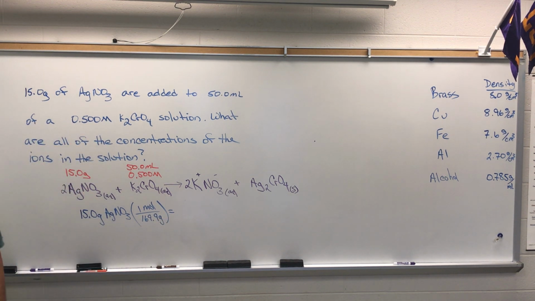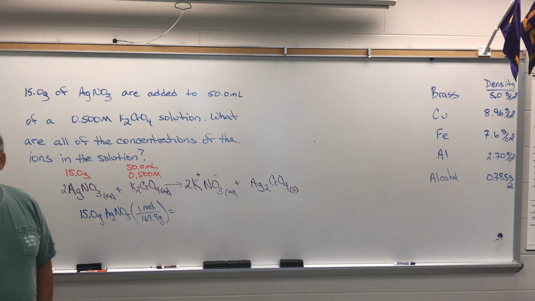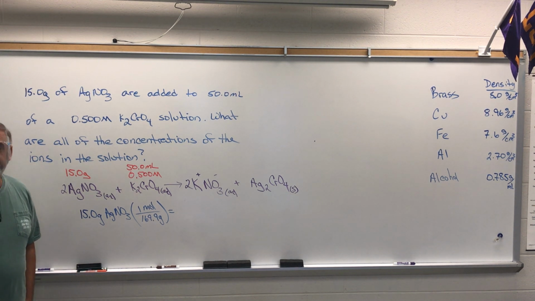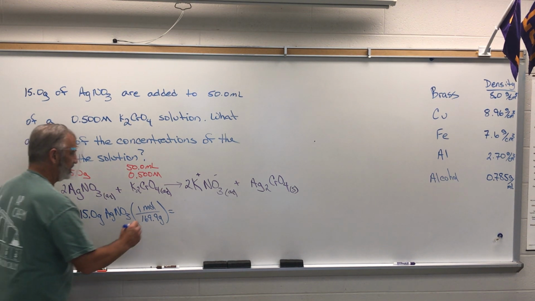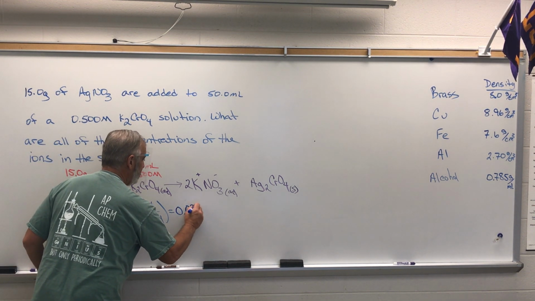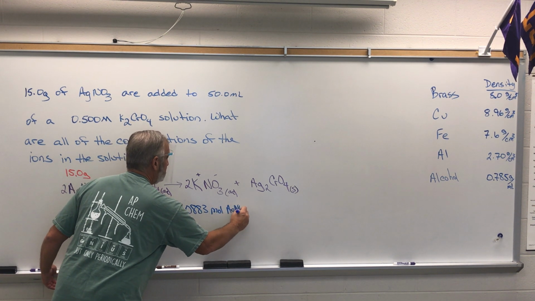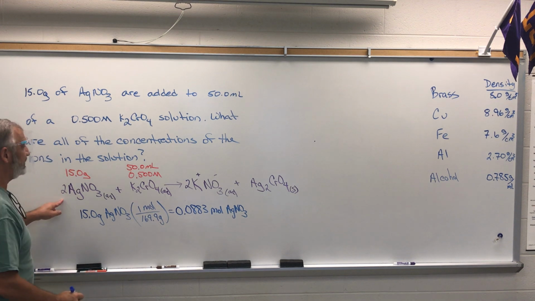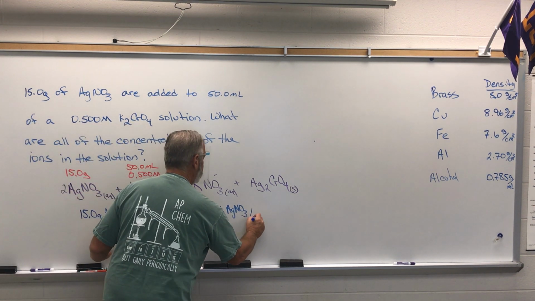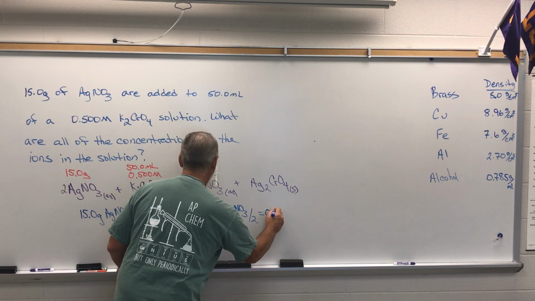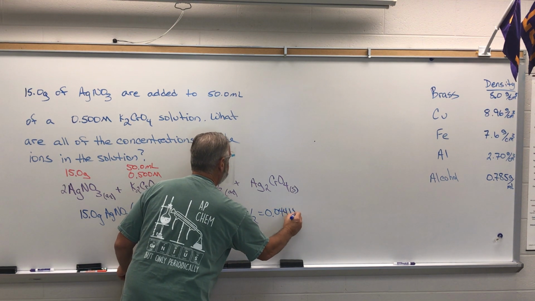I plugged this into my calculator completely wrong, so I don't have an answer, so the answer is 0.08 something? 0.0883 moles of silver nitrate. But there's a 2 here, so we would divide this by 2 just for the ratio, 0.04415.